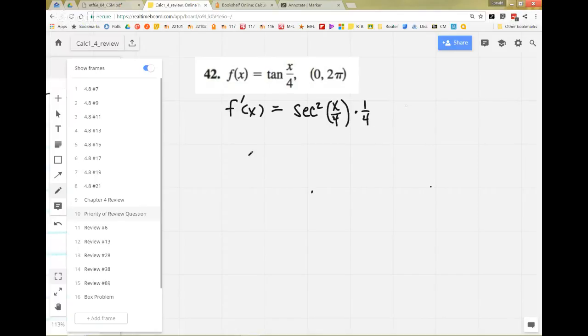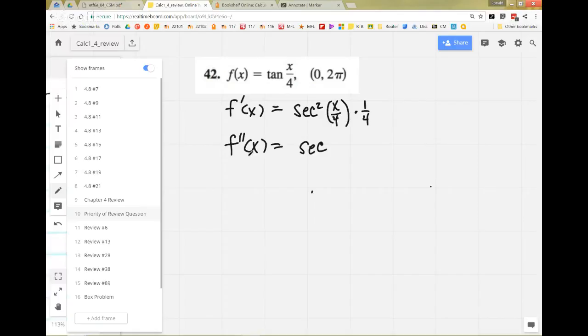Okay, and just keep the interval in mind. And then how do you take the derivative of the secant squared? Well, for the second derivative, we need to first of all think of it as the secant.